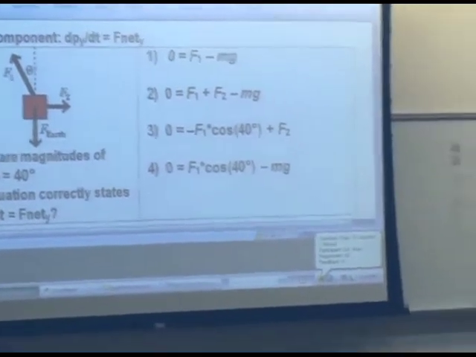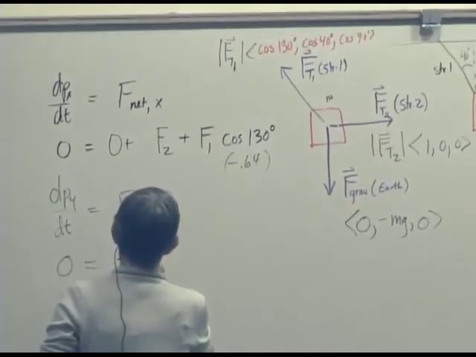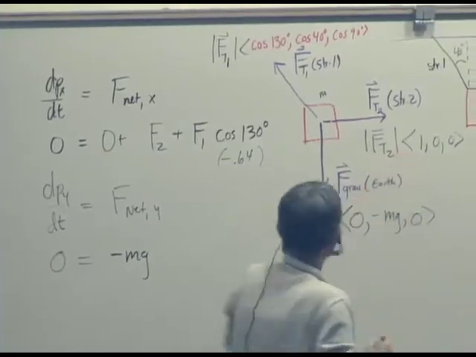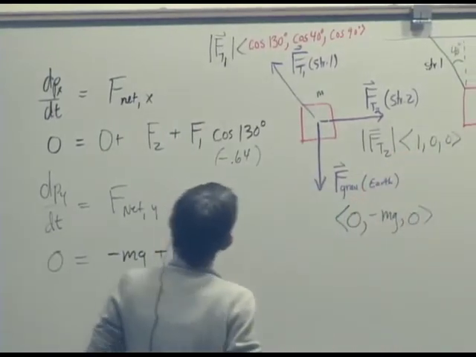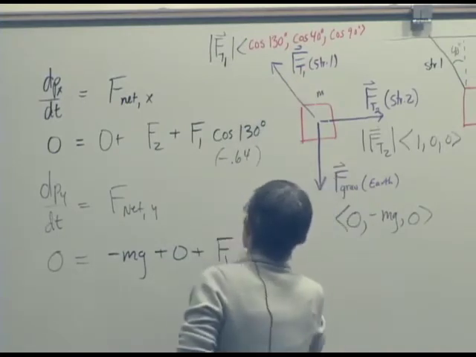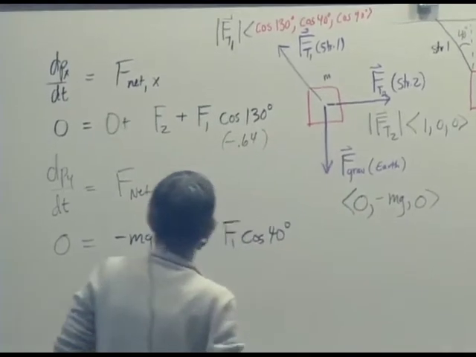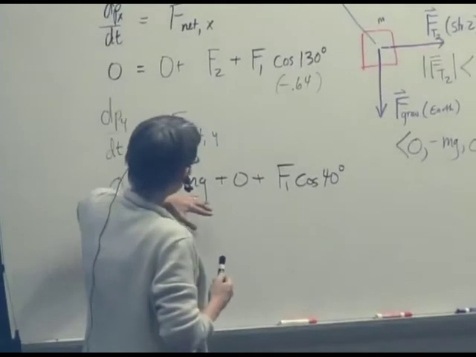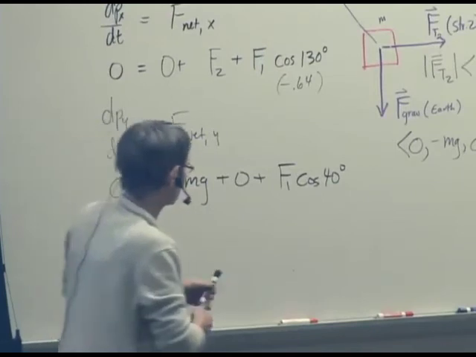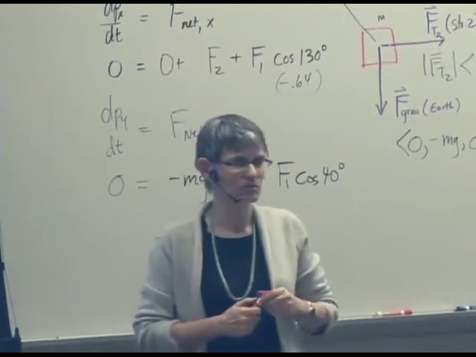So let's see where that comes from. The y component of the gravitational force looks like a minus mg. The y component of force 2 is 0. The y component of this looks like F1 cosine 40 degrees. And now note that assuming that we know the mass of the object, we actually have enough information to solve for both of the forces exerted by both of those strings.